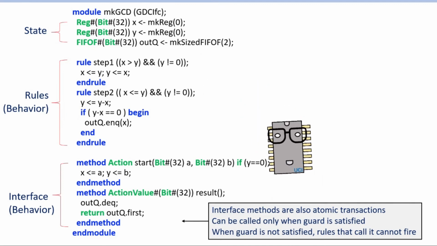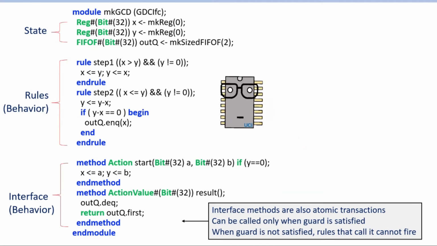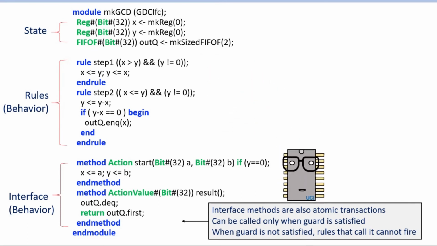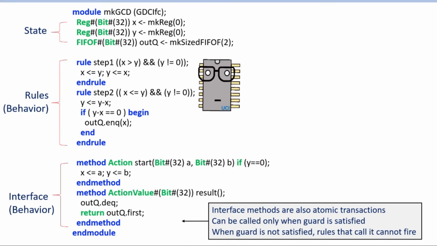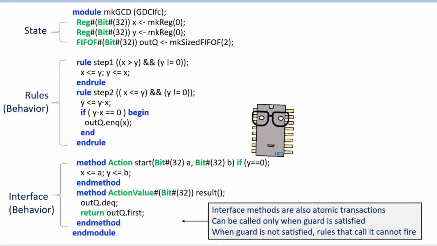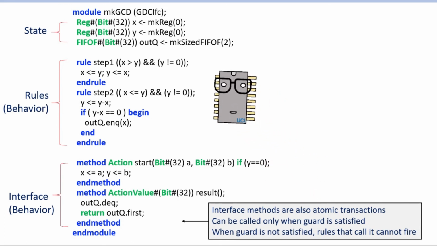So when start can be called, rules will not be firing. If rules are firing, start can't be called because y would not be 0 if the rules are firing. Start needs y to be 0 for the outside world to be allowed to execute this. Things may become a little bit more confusing if these guards are not mutually exclusive.